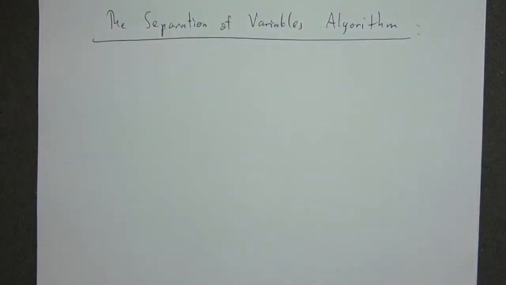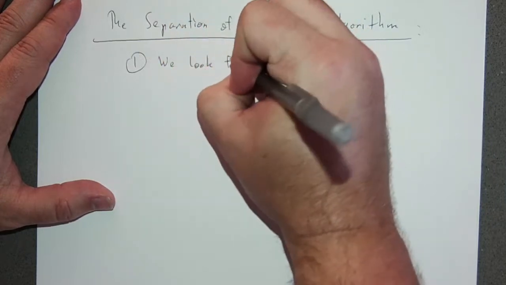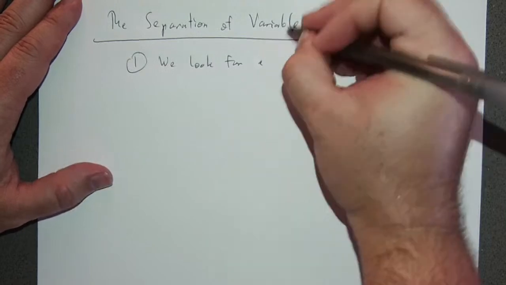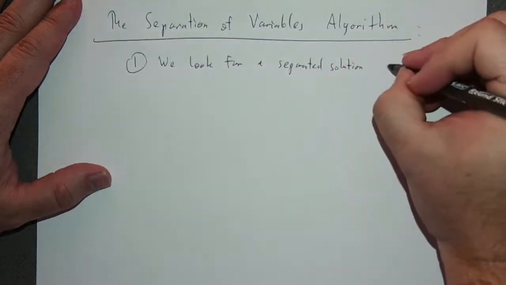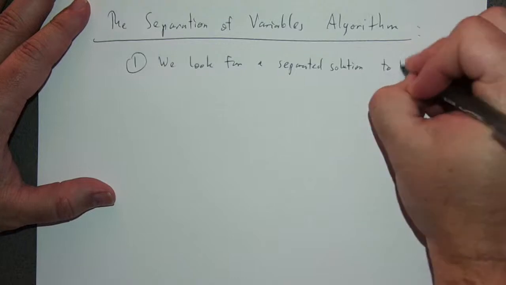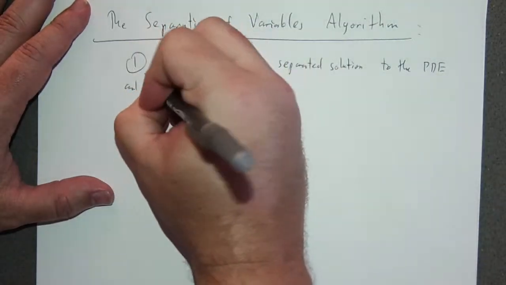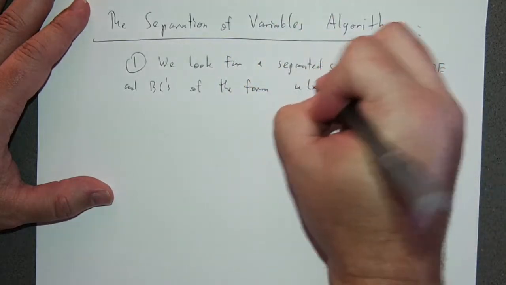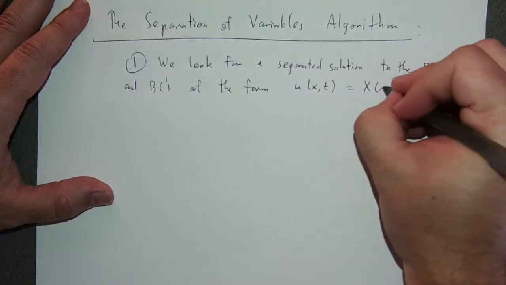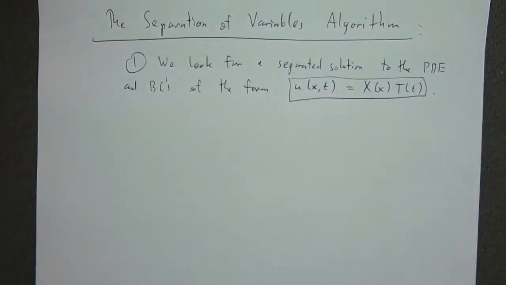So here it is. First step, we look for a separated solution to the PDE and boundary conditions of the form u of x, t is equal to X of x times T of t. That's the first step in separation of variables.